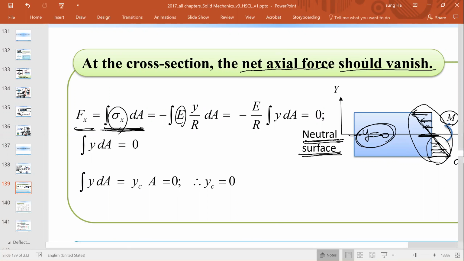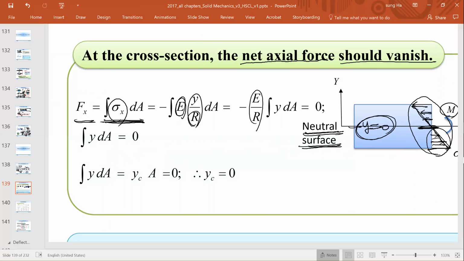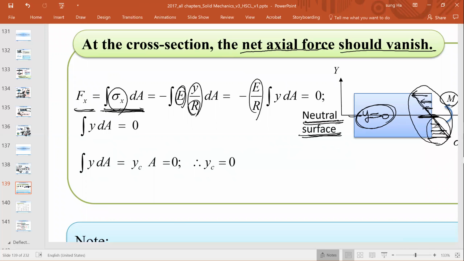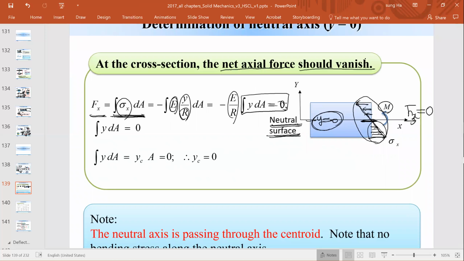The Young's modulus and this R are taken out of the integration. And then what is left is the integration of y dA equals 0. So this location of y has to meet this condition. But what does it mean, integration over y dA equals 0?